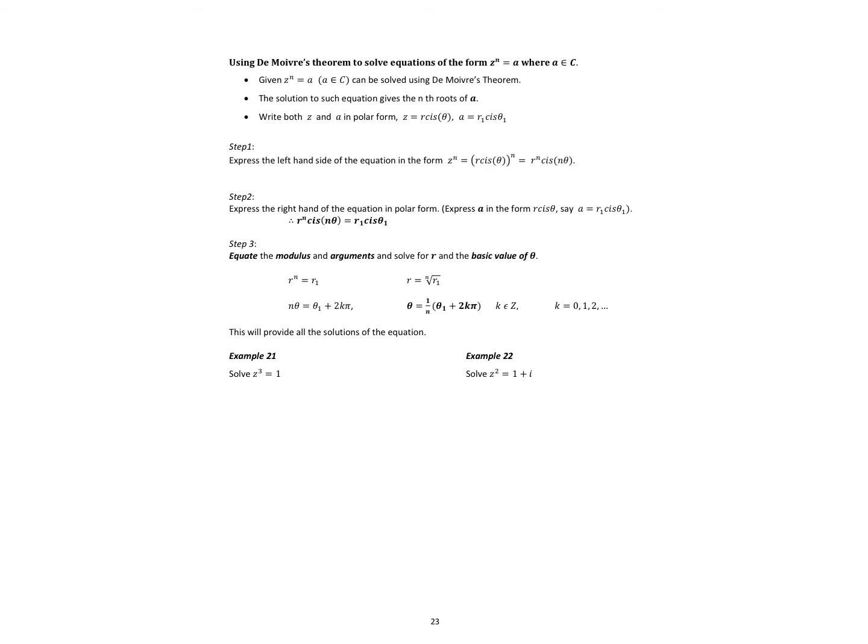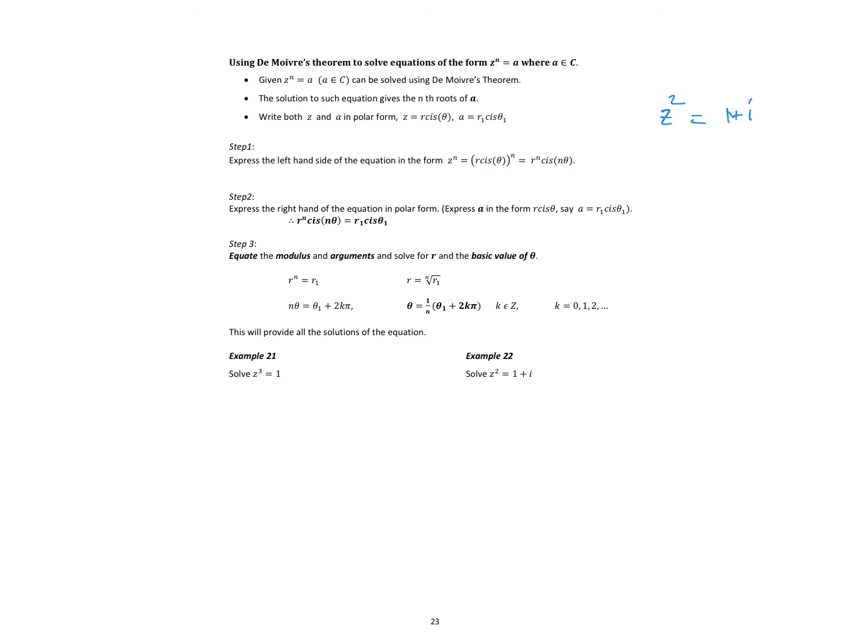The really big practical application of it is solving complex equations. The process is, whatever the complex equation is that we're trying to solve, we just convert both left and right hand side into polar form.